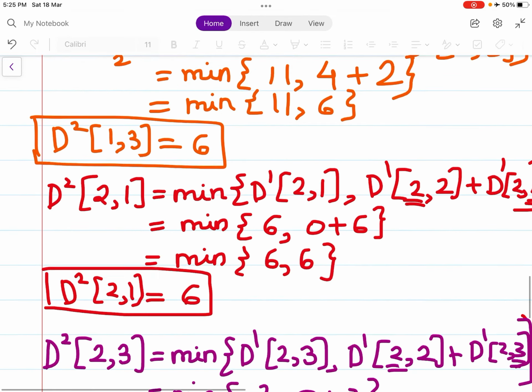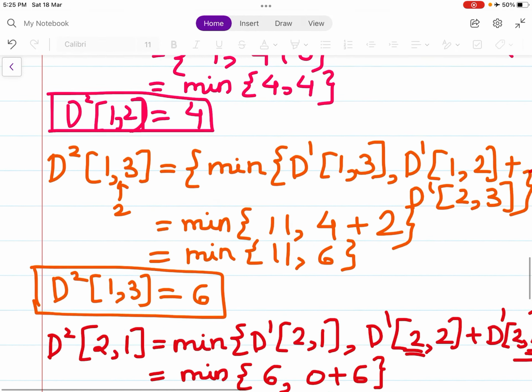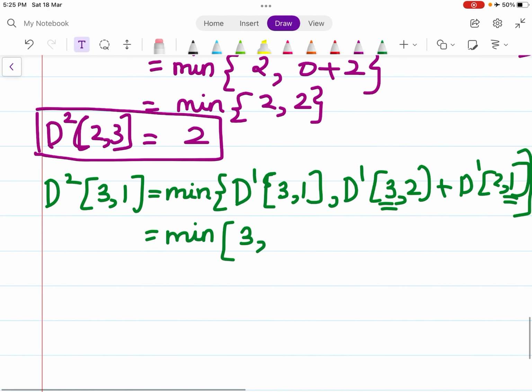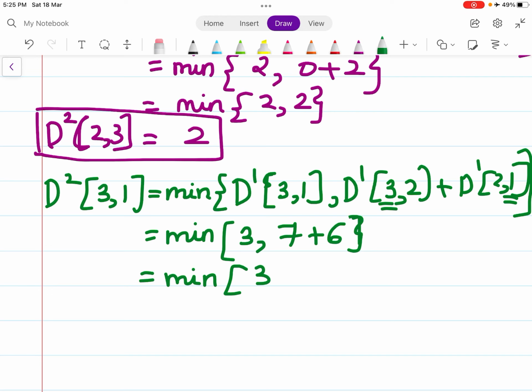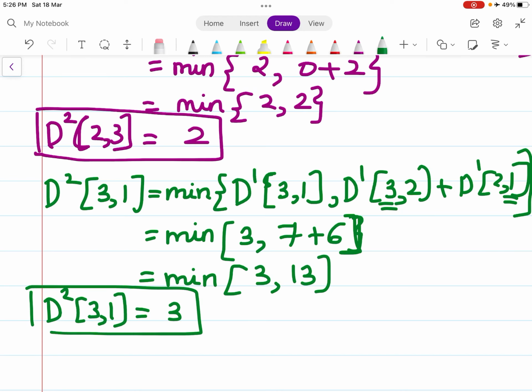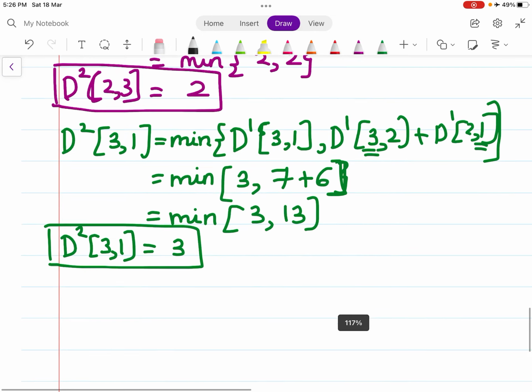So D1 of 3 comma 2 is 7. So 7 plus D1 of 2 comma 1 is 6. So minimum of 3 comma 6 is 3. So D2 of 3 comma 1 is 3.